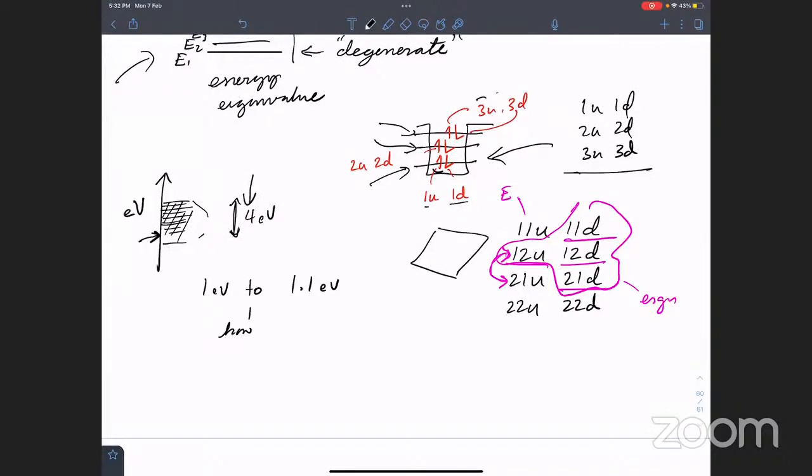You can apply a bias of up to 4 volts, and so you need to know a very wide scale of energy, and generally in between that you will have a huge number, 10 to the power 22 eigenenergies, generally for large systems. So the specific energy of any particular solution, that's less important. What is more important is what is the density.